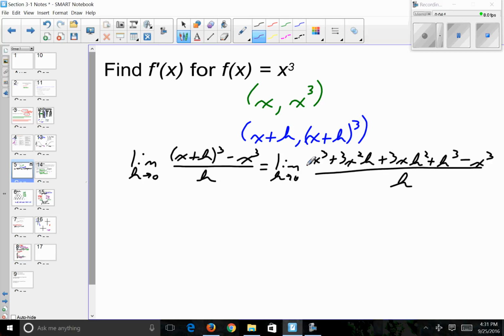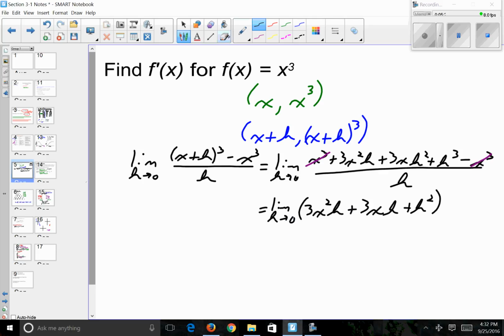Well, I'll see my x cubes cancel, and I can divide every term left by the h that's in my denominator. So I'm doing the limit as h approaches 0 from both sides. Notice it is a two-sided limit of 3x squared plus 3xh plus h squared. And I can now do substitution. Note that the limit is saying h is the variable, so I'm only substituting 0 for h, not the x.